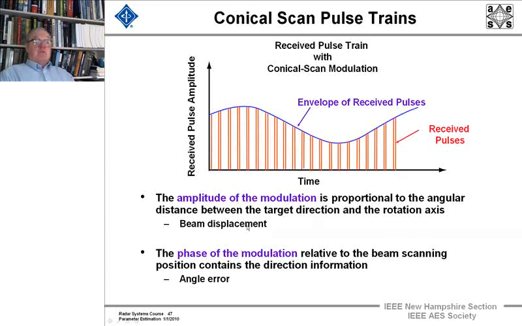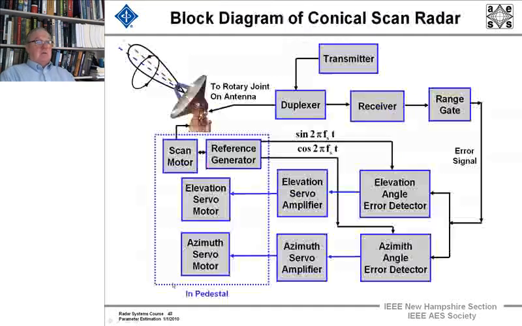It's the beam displacement from being on axis. If there were no modulation, there'd be no squinting of the beam. The phase of the modulation relative to the scanning beam position indicates the direction information. It tells you the error information.